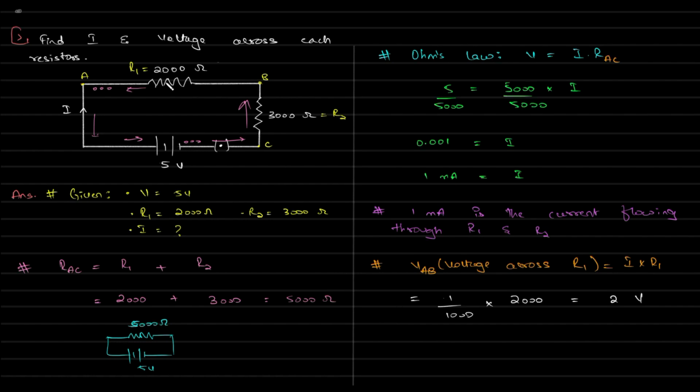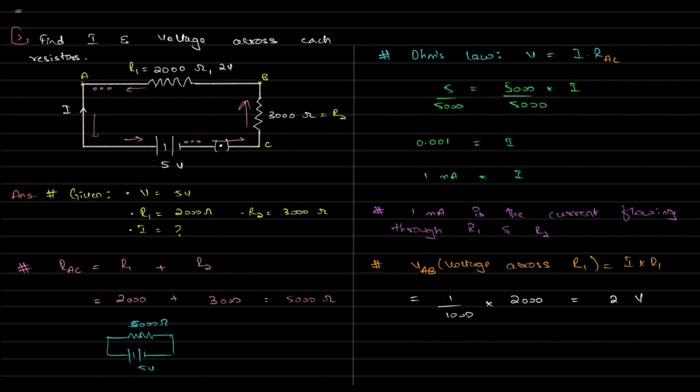Now, since we know the voltage across this is 2 volt, how much should this be? You can either do the same calculation, or you can use the concept that in series, the voltage should add up to the voltage across its nodes. So across A and C, we have a 5 volt source. So since this is 2, this has to be 3.